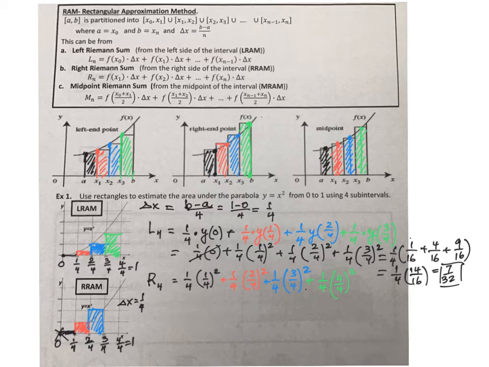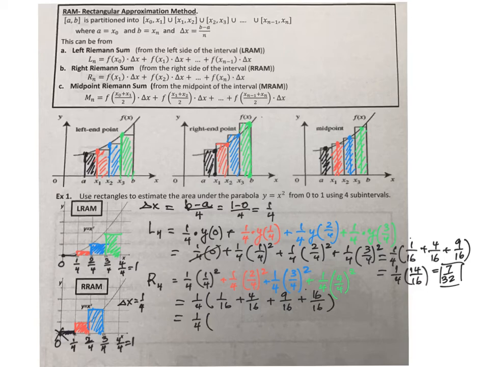Now we multiply and add. We get 1/4, factor out the 1/4, all bases are the same. 1/4 times (1 over 16, plus 4 over 16, plus 9 over 16, plus 16 over 16). Now we add all the numbers.